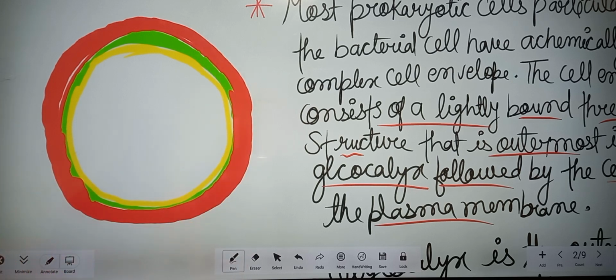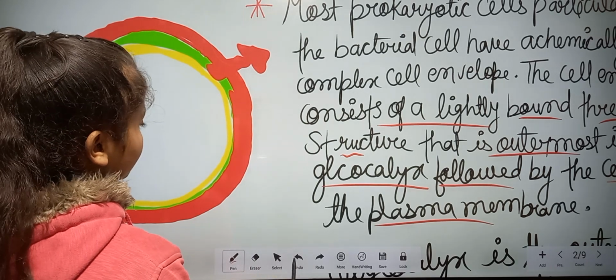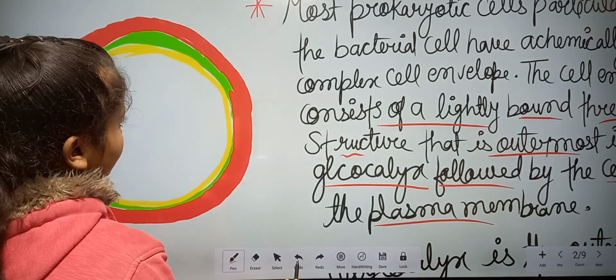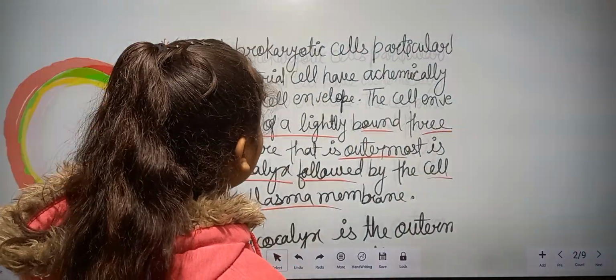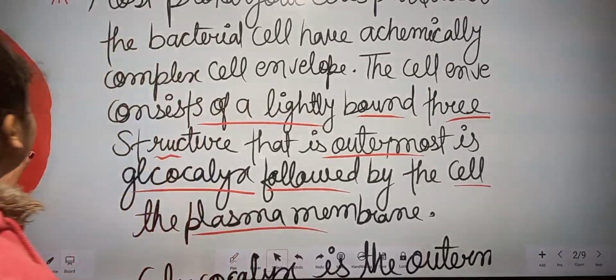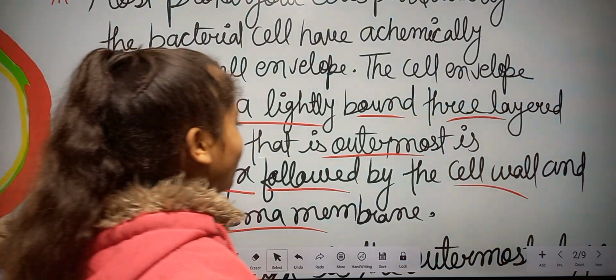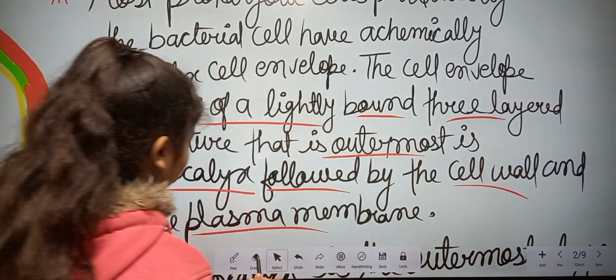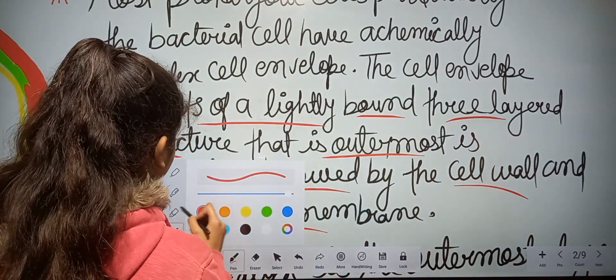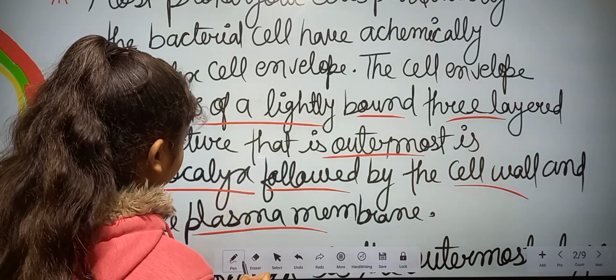So according to this sentence, we got that the outermost layer is called glycocalyx, followed by the cell wall and the plasma membrane. This was the envelope of which cell? Prokaryotic cell. I think it is understandable.